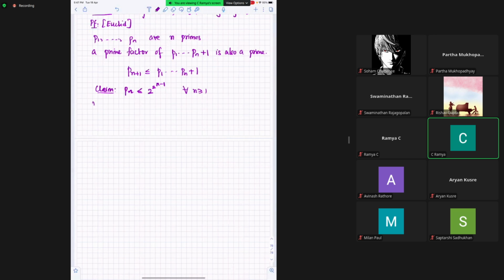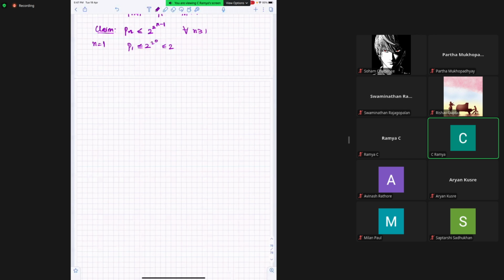So let's try for n equal to 1. That's true. In the inductive hypothesis, let's assume that this is true for all P1 to Pk. Move to the induction step. So what do I know about Pk plus 1?